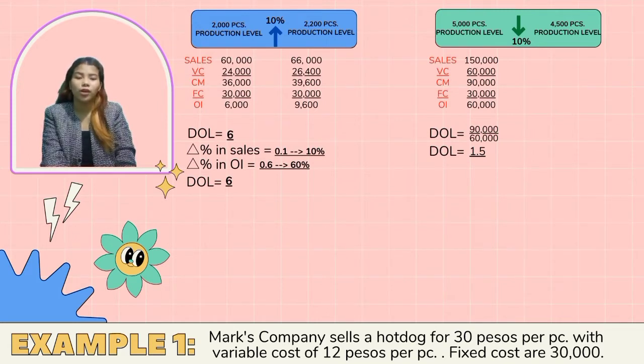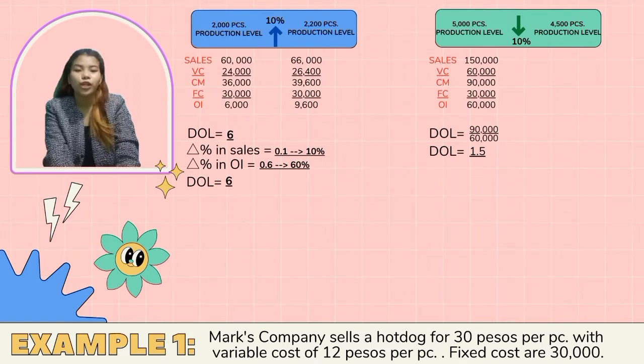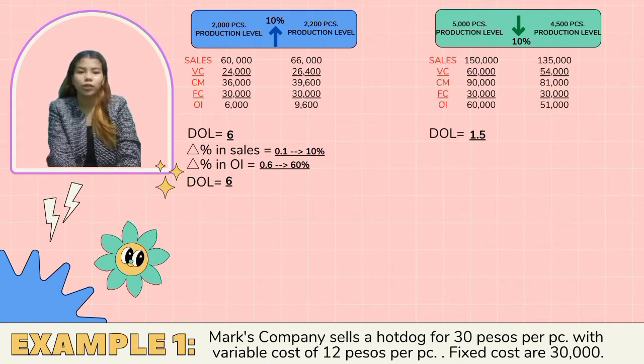So now we could fill out an income statement for that new production level. For the new production level of 4,500, we are going to multiply it by 30. That would give us 135,000. And then the variable cost, 12 pesos per piece times 4,500 pieces. So the answer is 54,000.